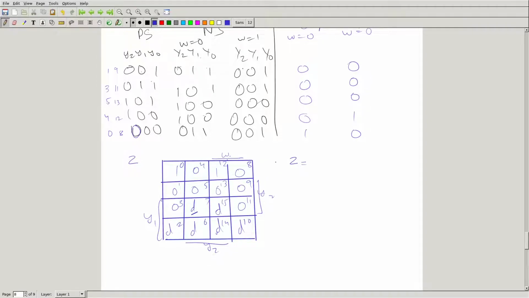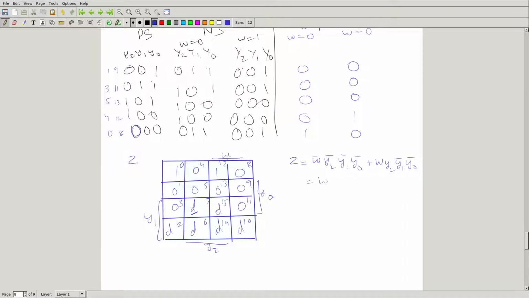So if you write them down here, W bar y2 bar y1 bar y0 bar plus W y2 y1 bar y0 bar.